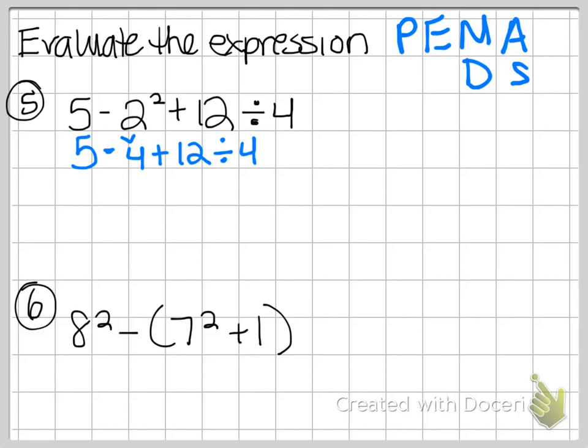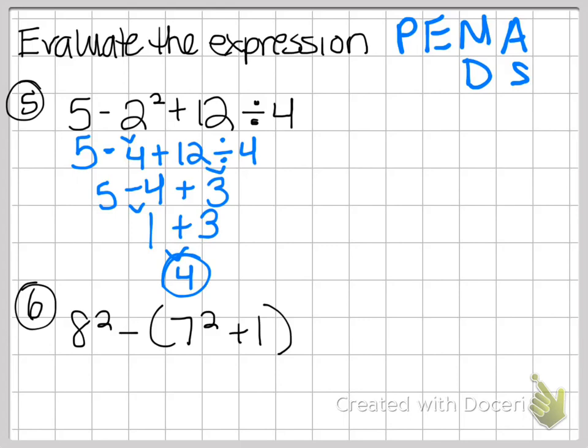All right, I've got division here, so I'm going to do 12 divided by 4, which is 3, plus 5 minus 4, and going from left to right, I'm going to subtract first. 5 minus 4 is 1, plus 3 equals 4.